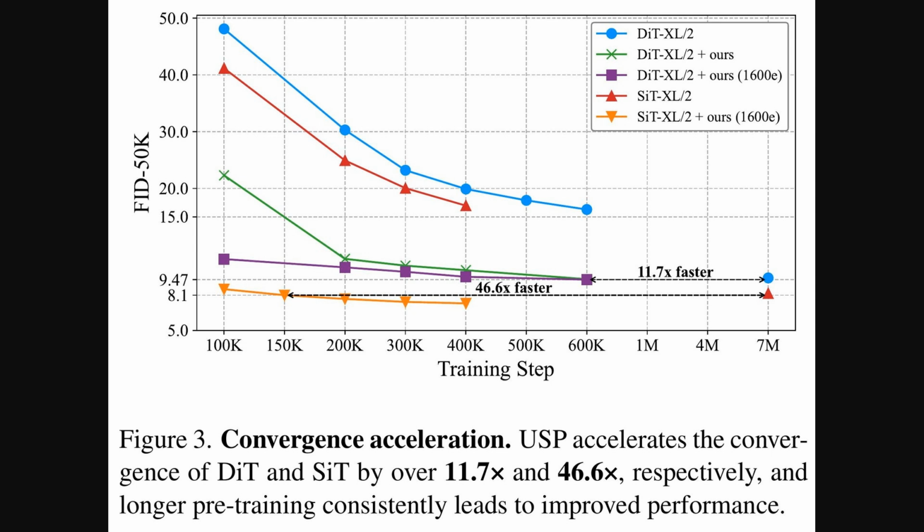It's pretty clear the USP lines start lower and drop much faster, reaching better FID scores with far fewer training steps. The paper highlights this leads to over 11 times faster convergence for DiT, and even more, like 46 times faster for SiT. And also, notice the purple and orange lines show that longer pre-training gives an additional boost.